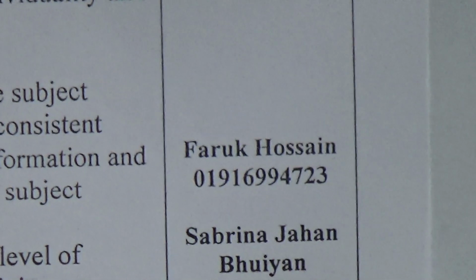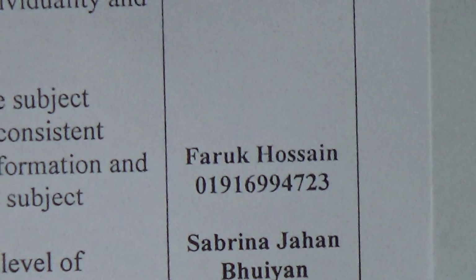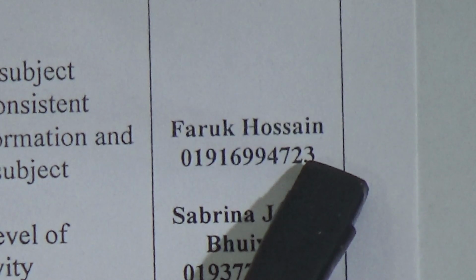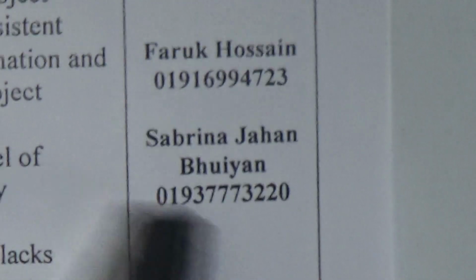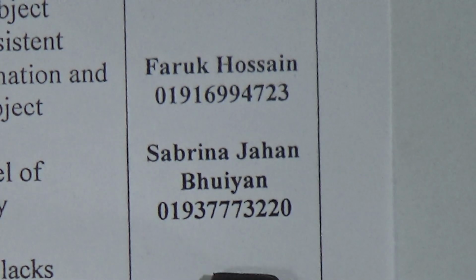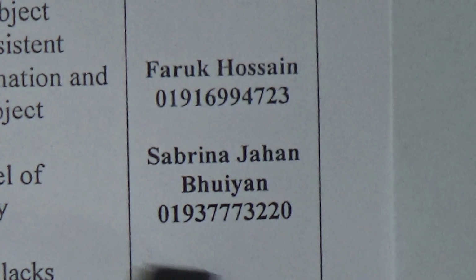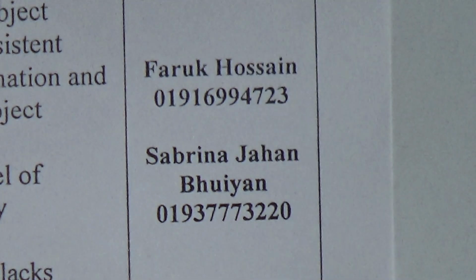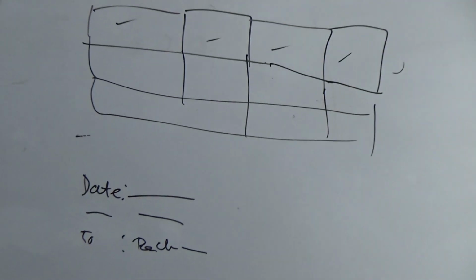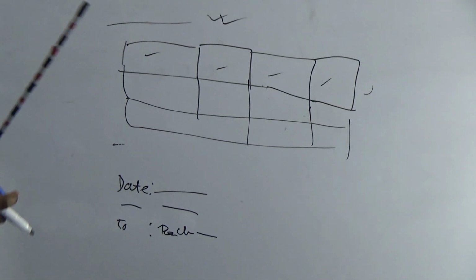I request every one of you, if you write our phone number, to use my phone number and this phone number, not the phone number which is provided in your class or in your group. Please provide this phone number. Okay? And after writing the teacher's name and designation, your assignment will be complete.